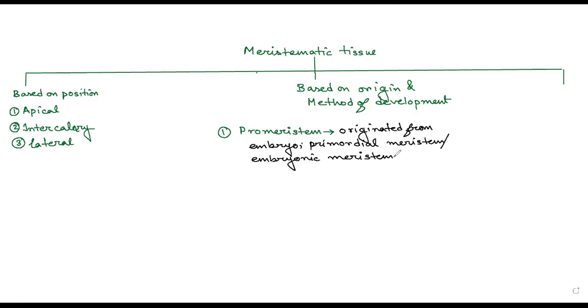Okay. Now, what is the specialty? So, the location of this type of meristem is the part from where organ system is generated.